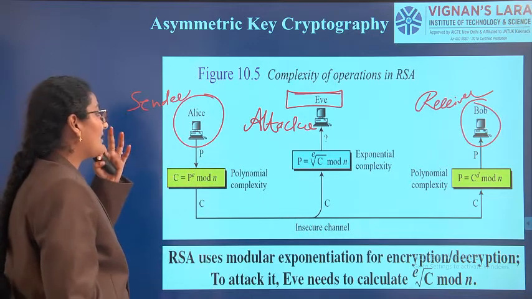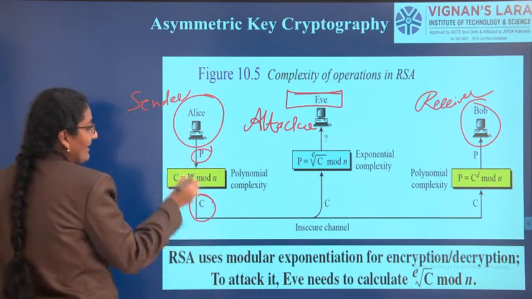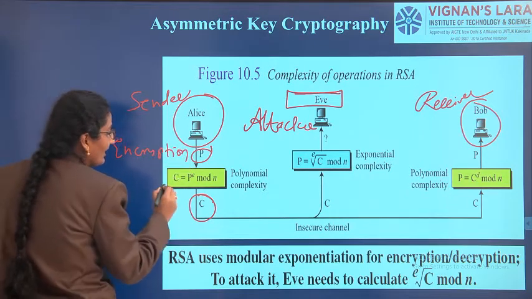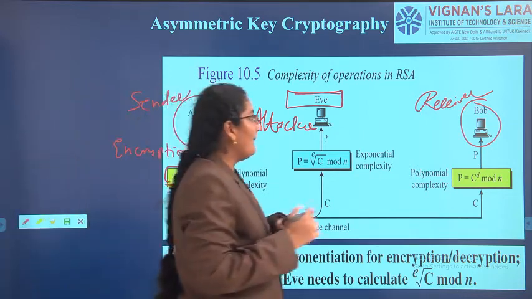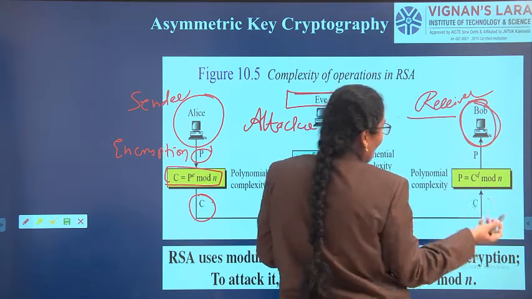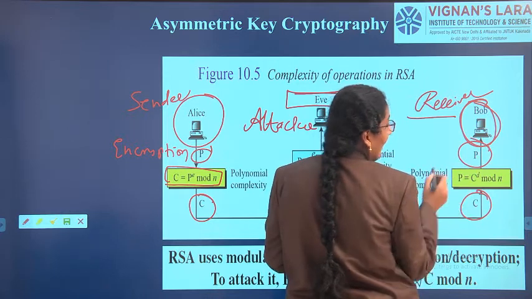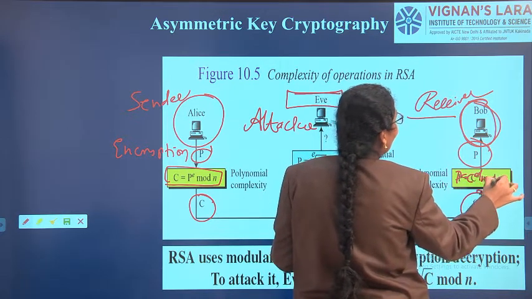We have the plain text, we want to convert it into ciphertext, we are doing encryption. For that, the formula we already know is C = P^E mod n. At the same time we have Bob, the receiver. Obviously the receiver has ciphertext and wants to convert it into plain text. To do that we have the formula P = C^D mod n.